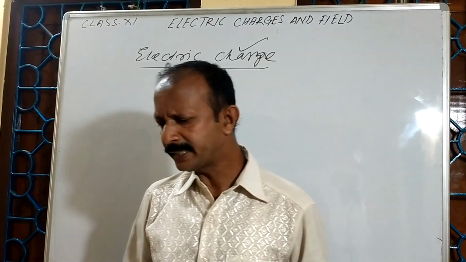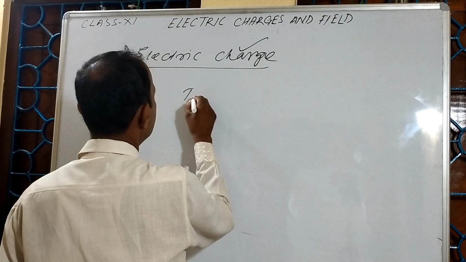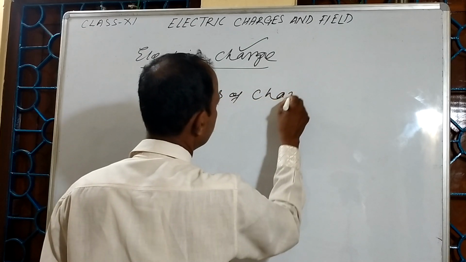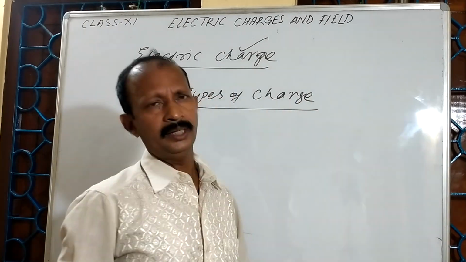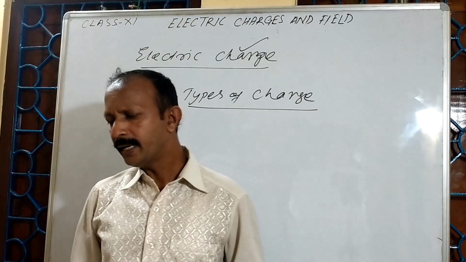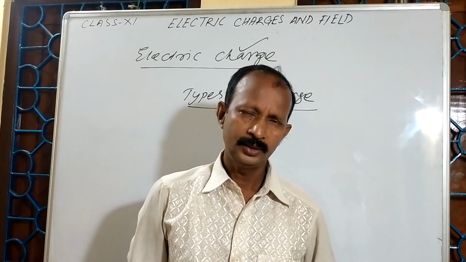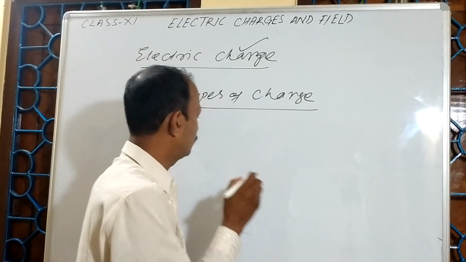Then how many types of charges are there? So I can say that there are two types of charges. Why are we thinking that two types of charges are there? See that.